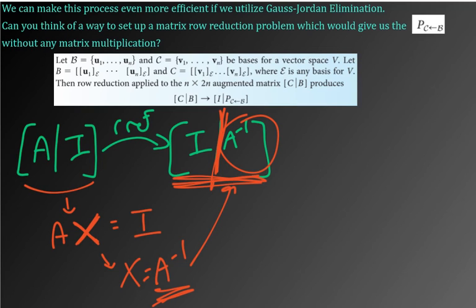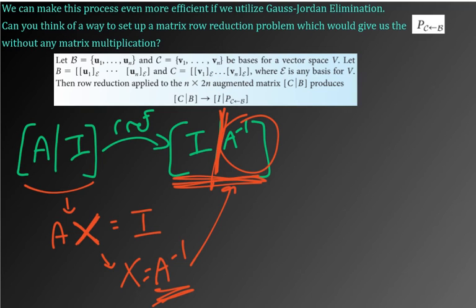So one way you can do this is, if you have B described by this basis and C described by this basis, you can write u1 in terms of the standard basis, okay? So basically just copy it in. v1 written in terms of the standard basis, again pretty easy to do.